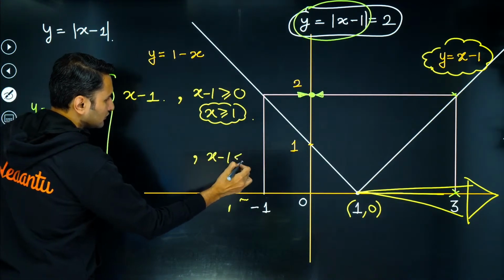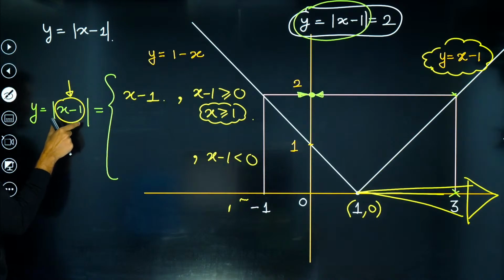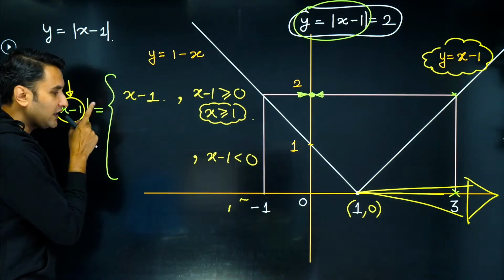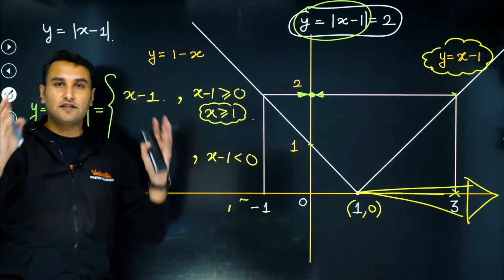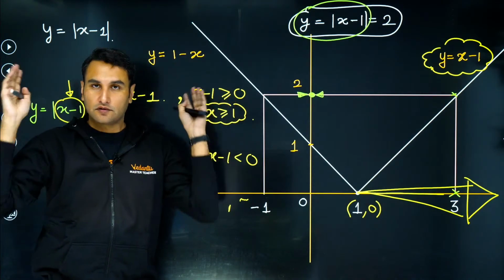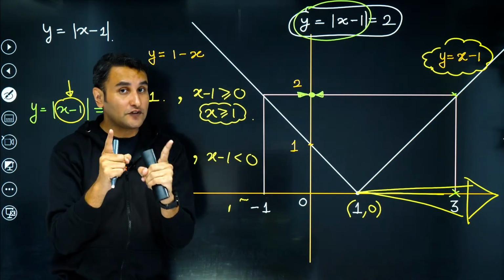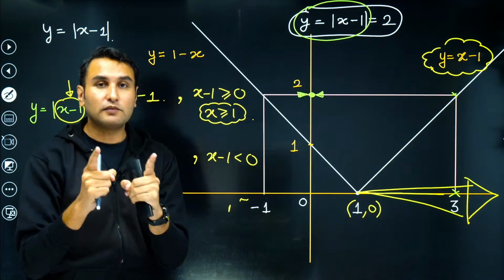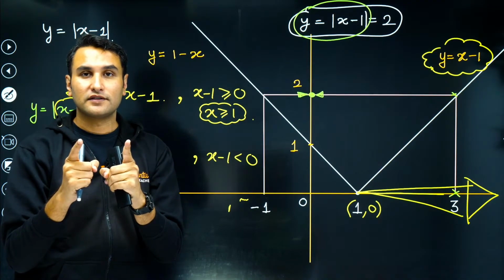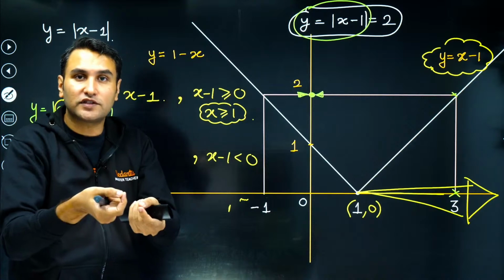Okay, now the other thing. When the input of the modulus function is negative, what is getting inside the modulus? x minus 1. When x minus 1 is negative, whatever you put inside the mod, if that is negative, then the modulus opens by giving it a negative sign.